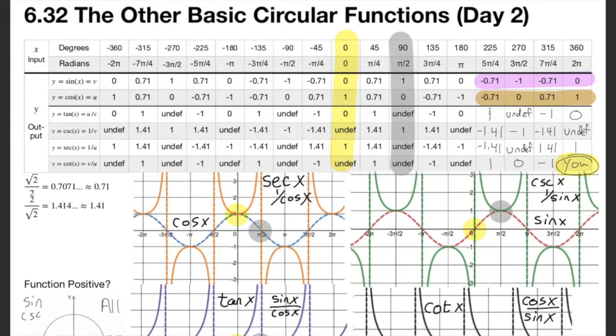You can see, for example, the reciprocal of negative 1 for sine is going to be negative 1 here for its cosecant reciprocal. The reciprocal of 0 is going to be undefined when we look at the secant function down here. The reciprocal of 0 is going to be undefined when we look at the cosecant function.